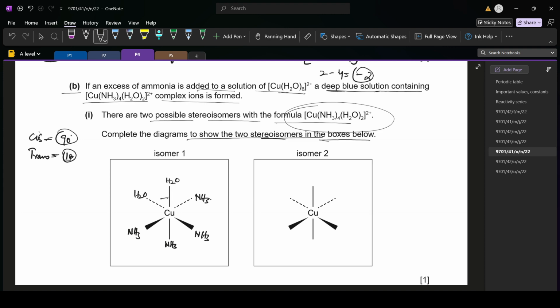You can see here that the bond angle between both water molecules is 90 degrees. So this is polar, trans is non-polar. You also have to remember this as well. You can also see that the bond angle between this water molecule and this ammonia is 180 degrees. So the polarity of this ammonia and water is different, so it will be polar, and it will be a cis. On the other hand, you have a trans.